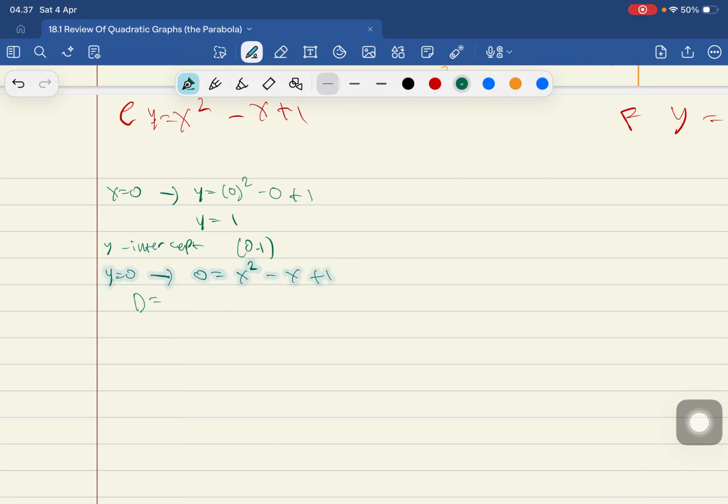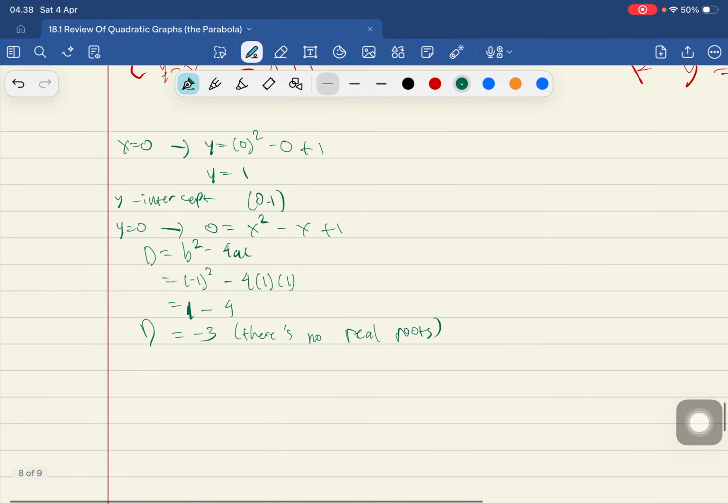D equal to b squared minus 4ac. b is negative 1 squared minus 4 times 1 times 1, so 1 minus 4, which is negative 3. So the discriminant is less than 0, so there are no real roots, or there is no x-intercept.